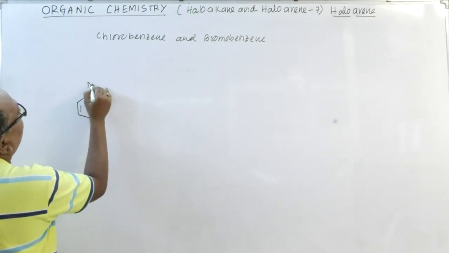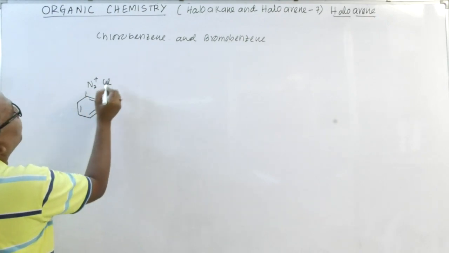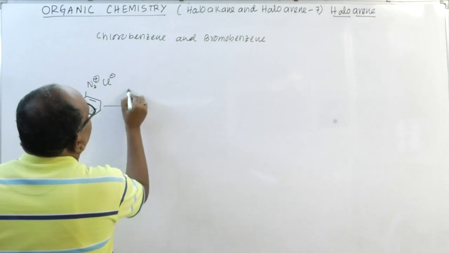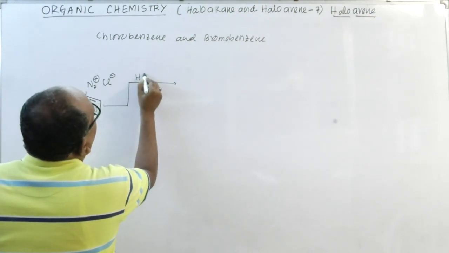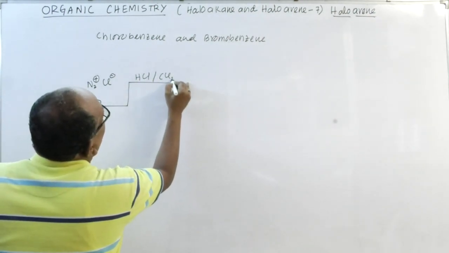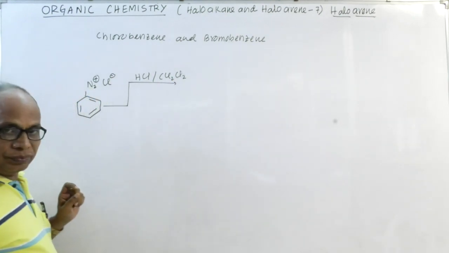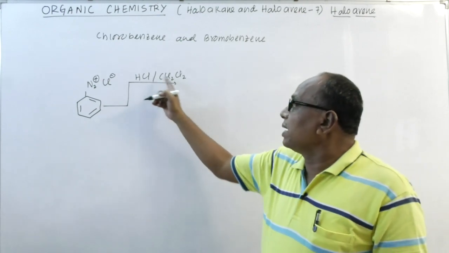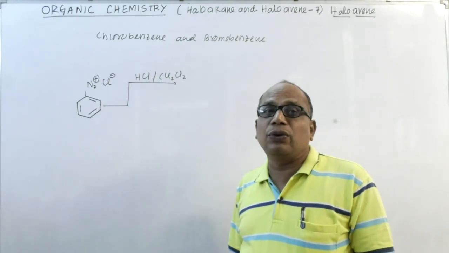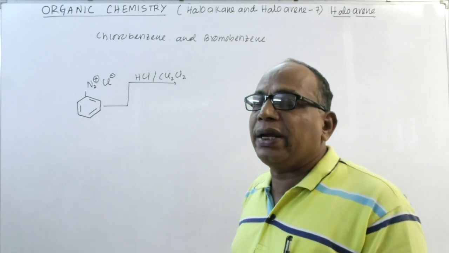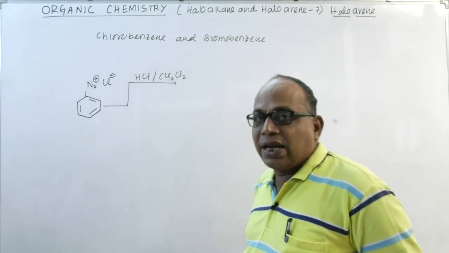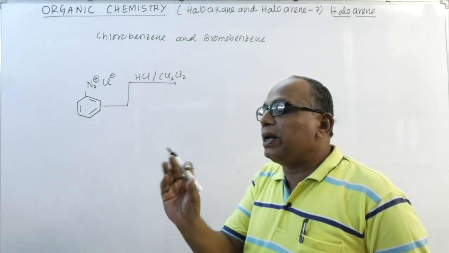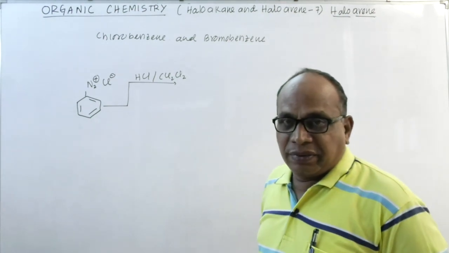benzene diazonium chloride N2 plus Cl minus, and this is treated with HCl in presence of Cu2Cl2. Cu2Cl2 means cuprous chloride, and cuprous chloride always exists as a dimer, meaning two molecules exist together.